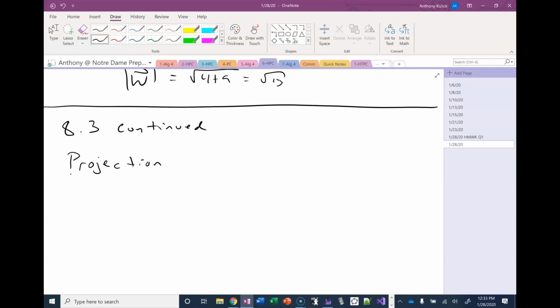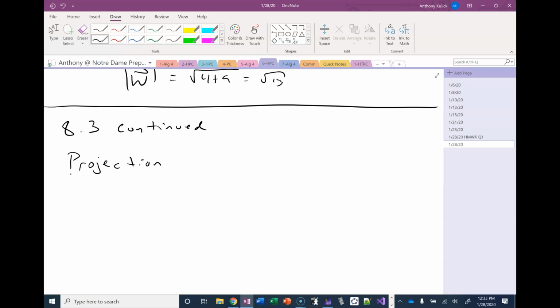Now, one way we saw to do this was using the linear combination form and using these unit vectors i and j. Now, that's not the only way to do this, and not necessarily going to give us the most insight when it comes to practical situations.